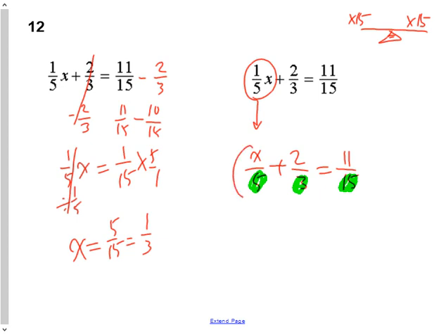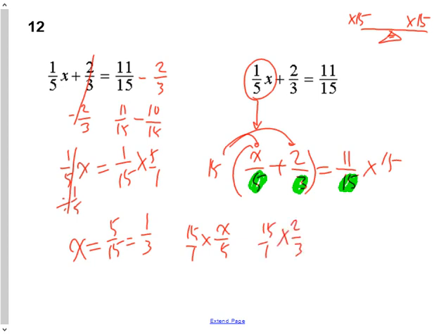So if I multiply this side by 15, meaning I make this thing 15 times bigger, this 15 times bigger, and this 15 times bigger, I should maintain balance because I'm multiplying both sides by 15. So using distributive property, this is going to be 15 times bigger. This is going to be 15 times bigger.